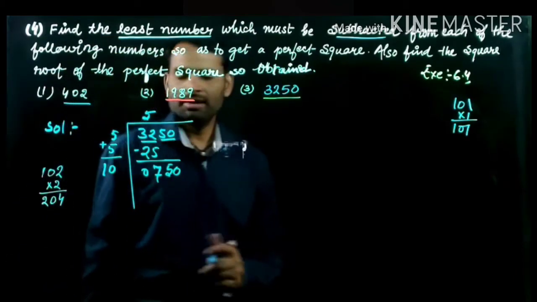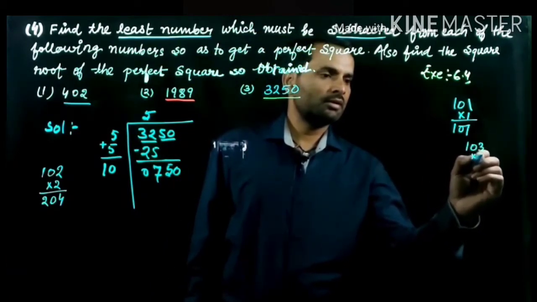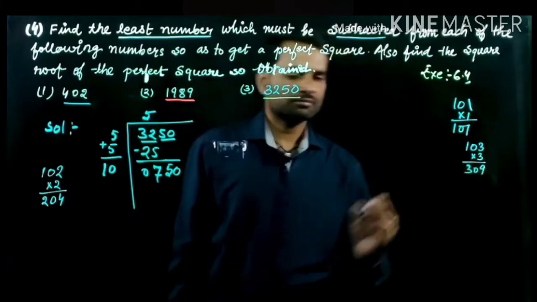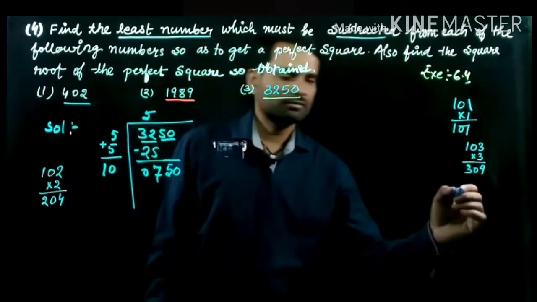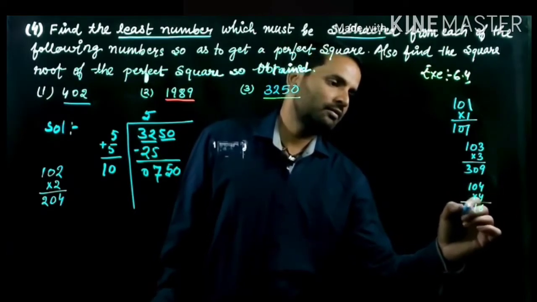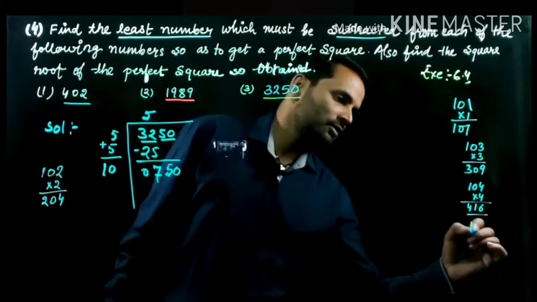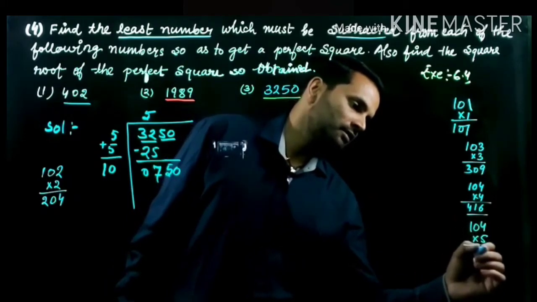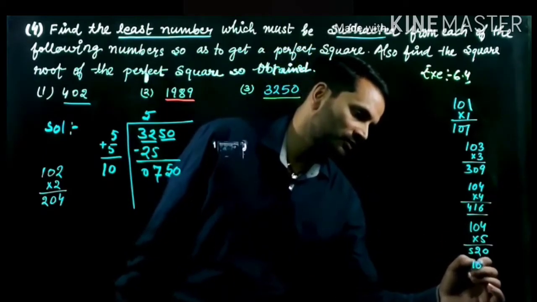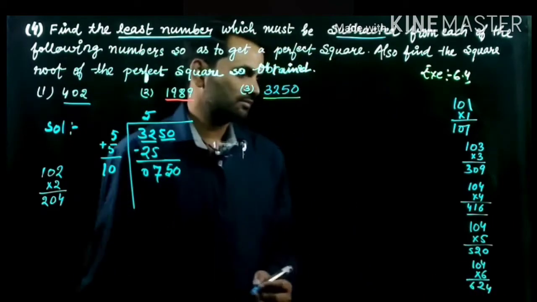402 is too small. Next is 103 times 3, which is 309. Next we choose 104 times 4, which is 416, and 400 is the difference from the big number; 104 times 5 is 520. Next we choose 106 times 6, which is 636.